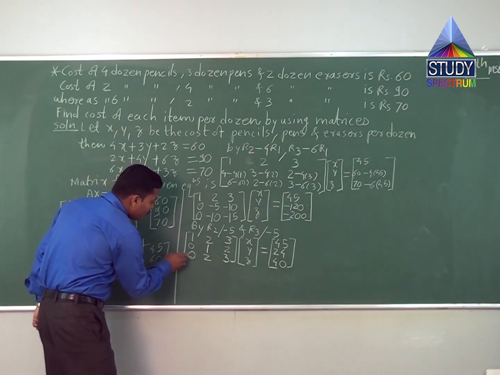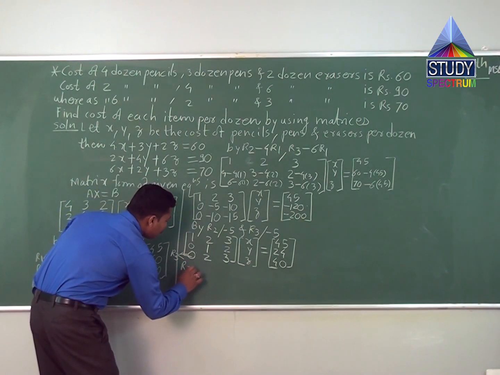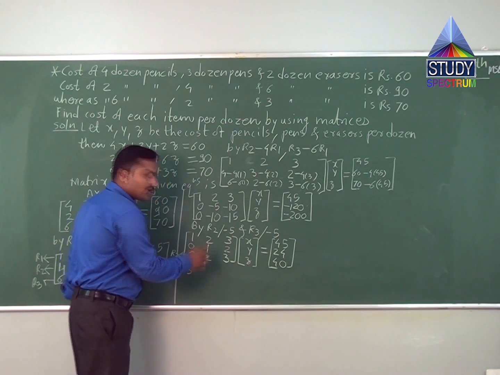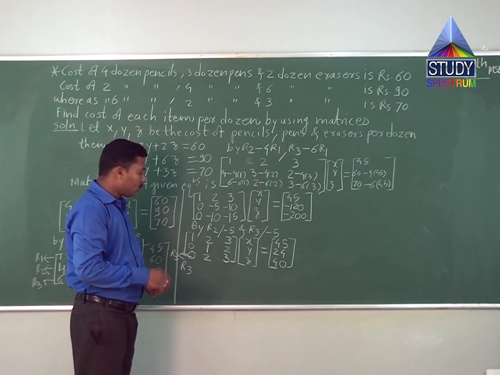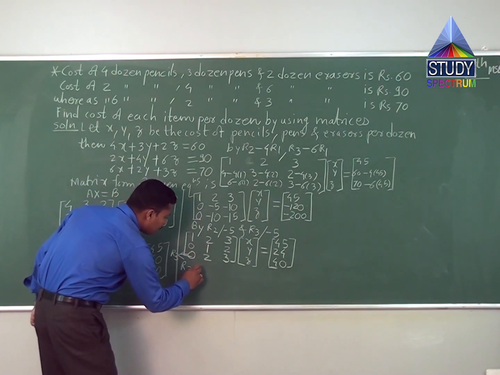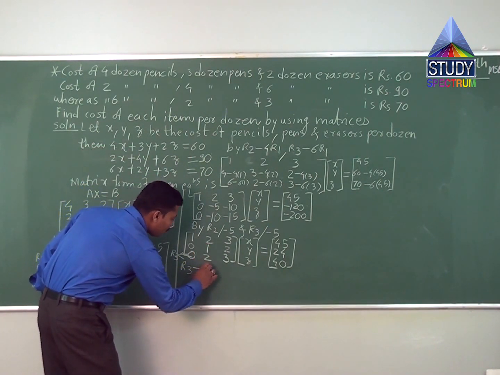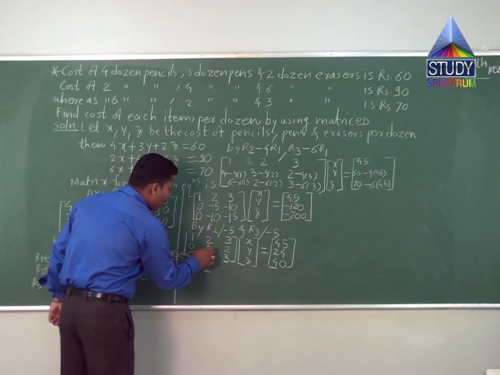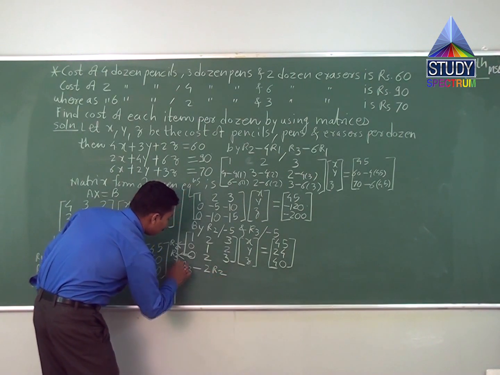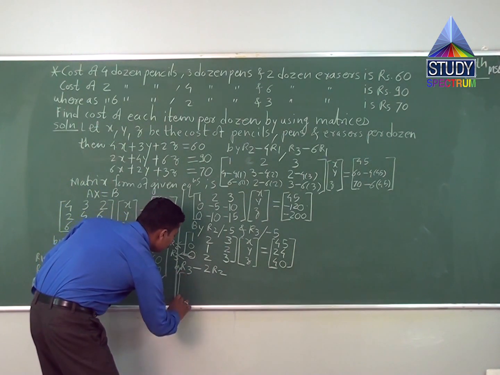This 2 is a member of R3, so we write R3, and 2 multiplied by this 1 gives 2, and 2 minus 2 gives 0. So by subtraction we get 0, and this number multiplied gives 2, so 2 into 1 is the member of R2, so 2 R2. So R3 minus 2 R2, what do we get?